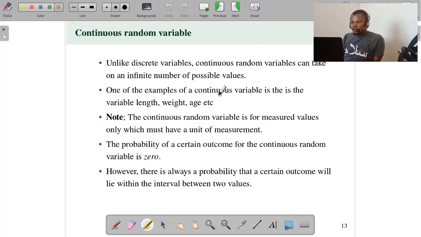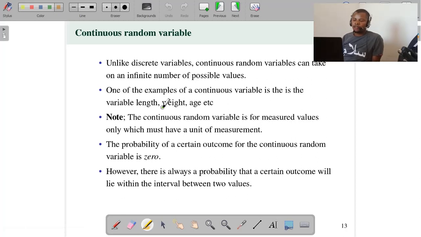One of the examples of a continuous variable is length, or weight, or age. Length can be 12.2 centimeters, 1.2 meters. Weight can be 30.1 kilograms. As long as it can take decimal points, then we say that is a continuous variable.